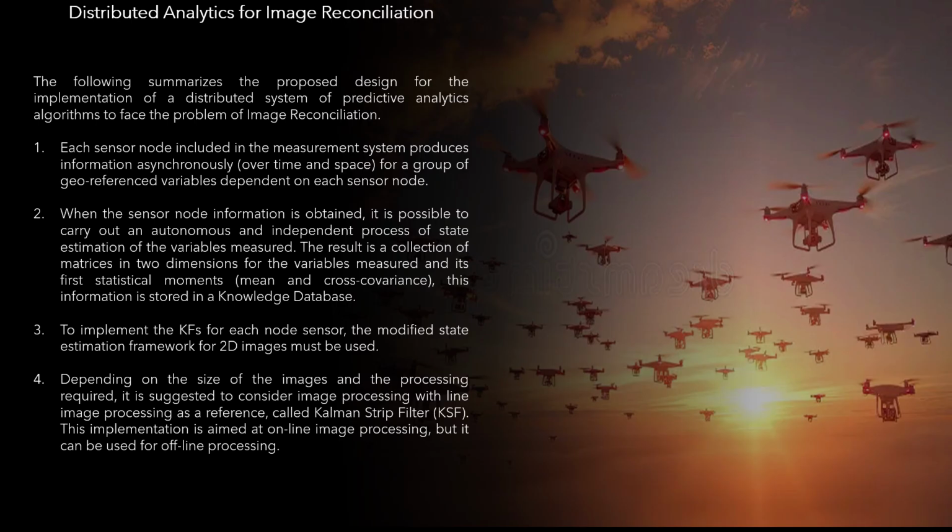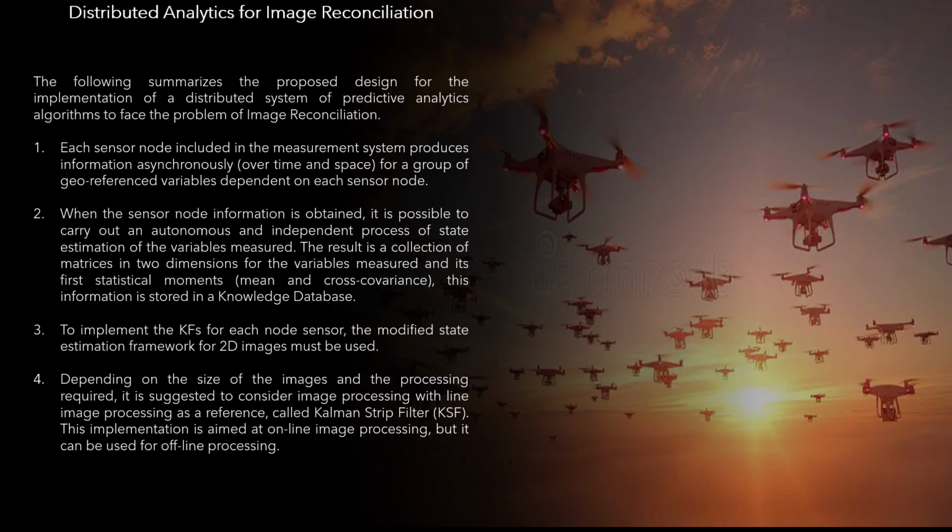When the sensor node information is obtained, it is possible to carry out an autonomous and independent process of state estimation of the variables measured. The result is a collection of matrices in 2 dimensions for the variables measured and its first statistical moments, mean and cross-covariance. This information is stored in a knowledge database. To implement the KFs for each sensor node, the modified state estimation framework for 2D images must be used.